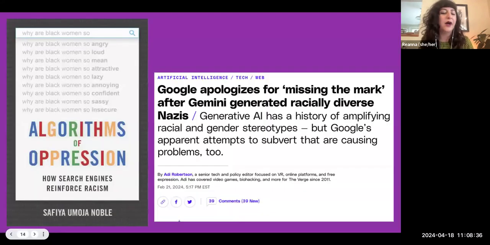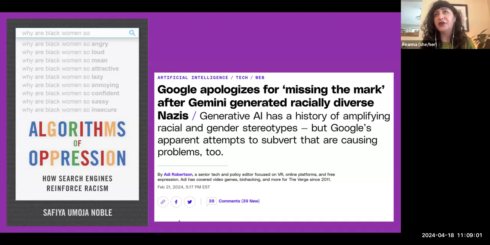Another example here is Safiya Noble's work on the Google algorithm in her book, Algorithms of Oppression, where she interrogated the reasons why these search engines reinforce racism. And moving into AI now, this is a recent example from about two or three weeks ago.